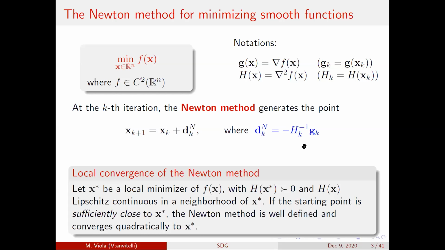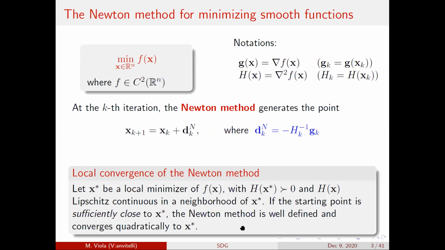If X star is a local minimizer in which the Hessian is strictly positive definite, it's Lipschitz continuous in a neighborhood of X star, and you are lucky enough to be in that neighborhood and you use the Newton method, then you will converge quadratically, which is nice.